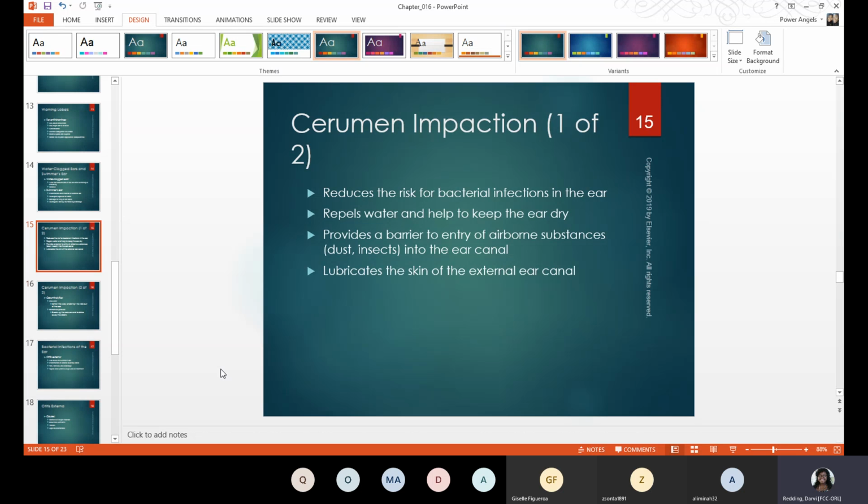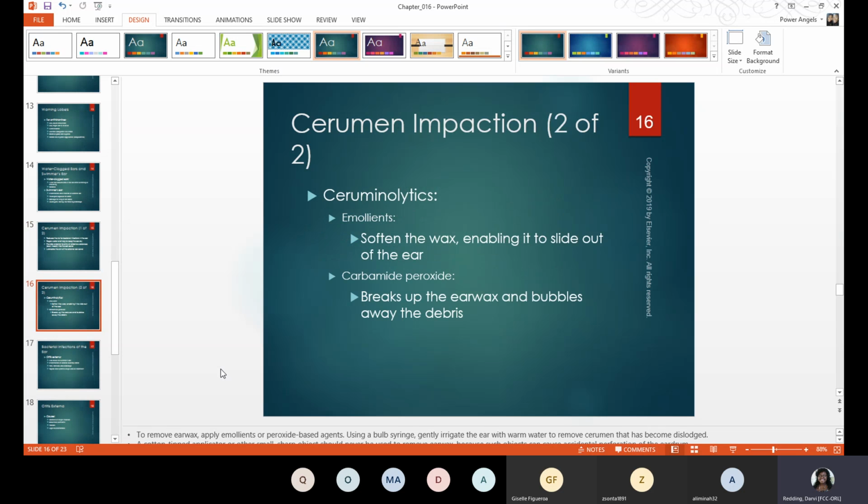As we continue learning about earwax, we'll learn about cerumenolytics. You have two different types of things that can help clean it. One of them is emollients, which are used to soften the wax, enabling it to slide out of the ear. Then you also have carbamide peroxide, which works by breaking up the earwax and bubbling away the debris.